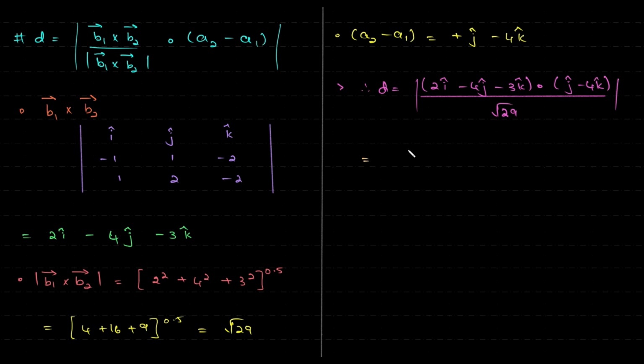So this would be equal to 0 minus 4 plus 12 over root of 29. This will be equal to 8 by root of 29. The rationalized form of this is 8 root of 29 by 29 units.